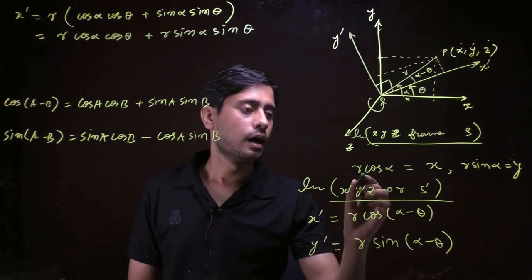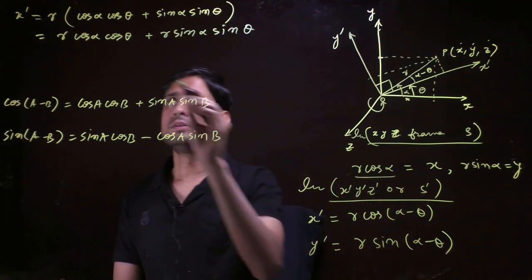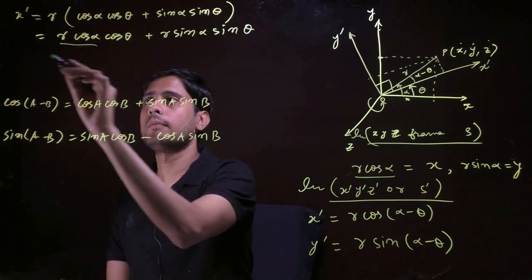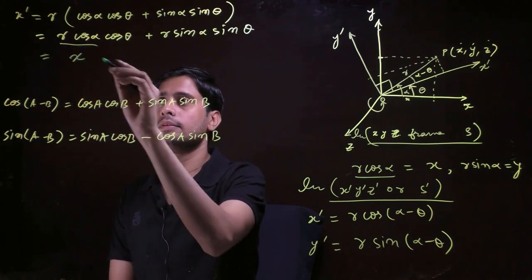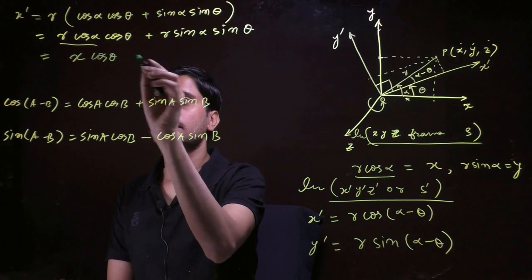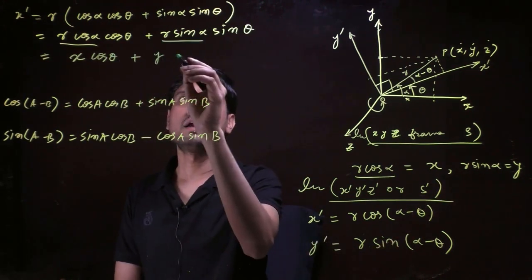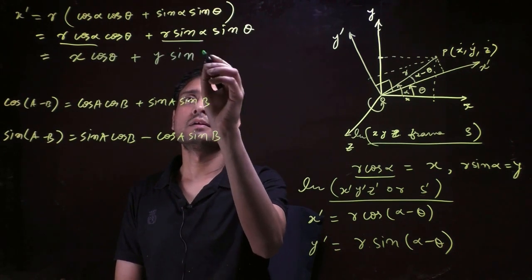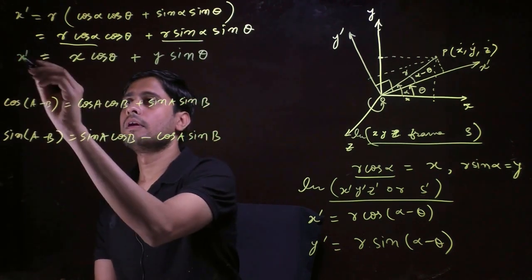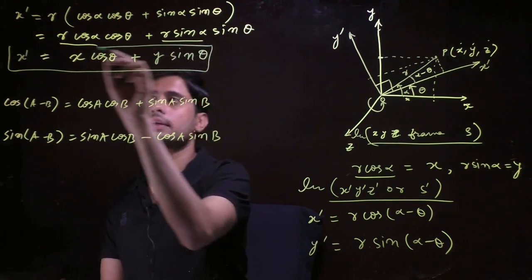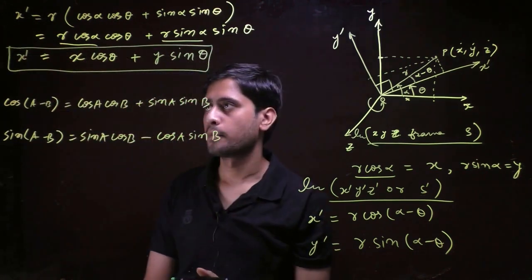Now you have r cos alpha equals x, so replace r cos alpha by x. So this is x cos theta, and r sin alpha is y, plus y sin theta. So this is our transformed coordinate for x.